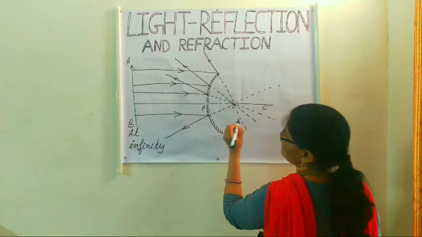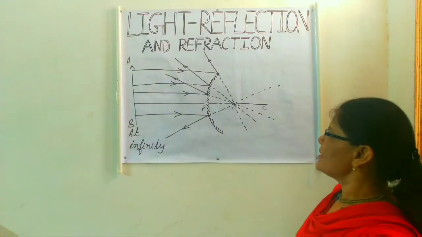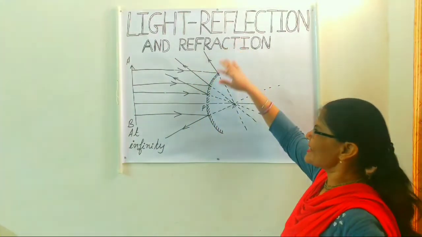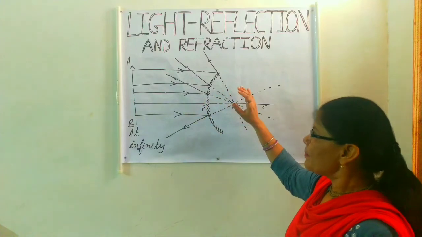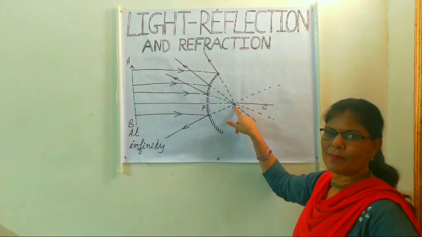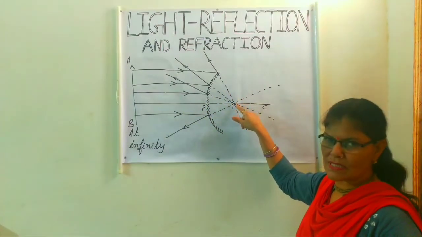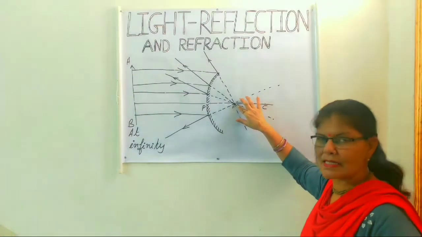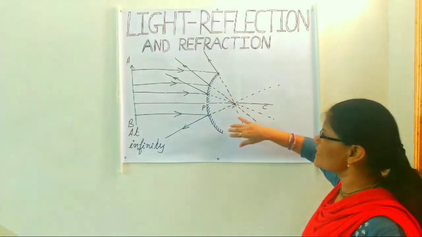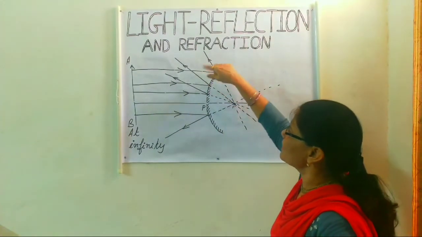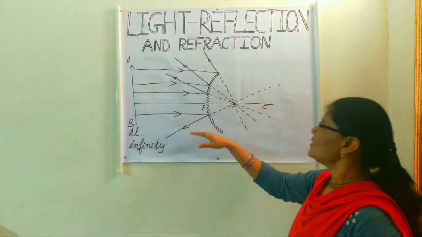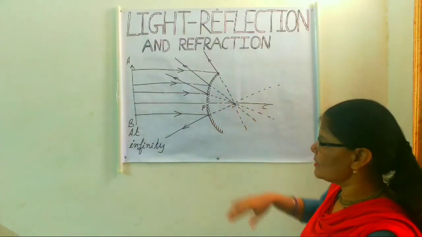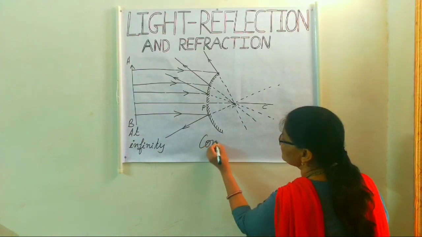So in this picture we can see that all these reflected rays appear to diverge from a point which is the principal focus of the convex mirror. So the convex mirror is called a diverging mirror.